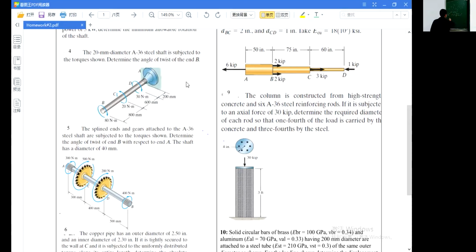Minus 60, 600. Minus 90 times distance. Half pi times 10 to the minus 3, 4.